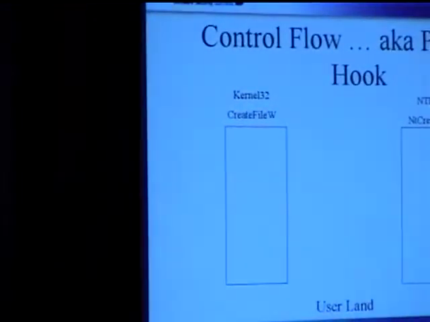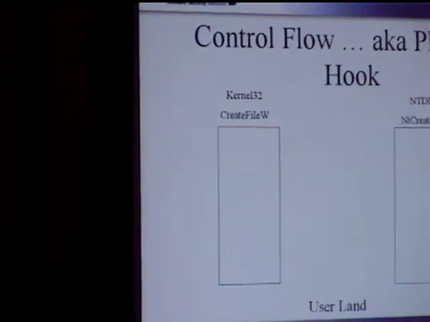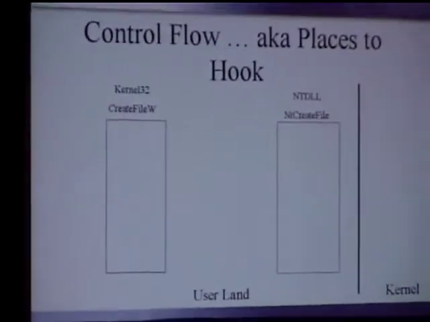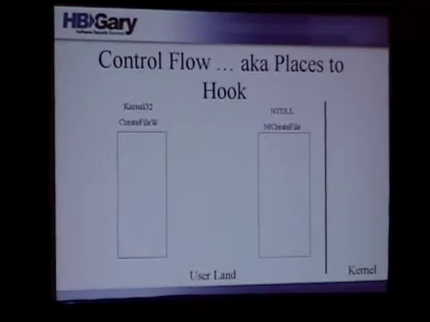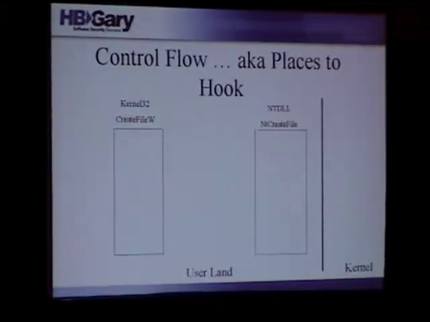So what's the control flow in the system? AKA places that someone can hook. If you call CreateFileW, which is the wide character format of CreateFile, you can do this to open a file. If the file already exists, you can get a handle to it by calling CreateFile.